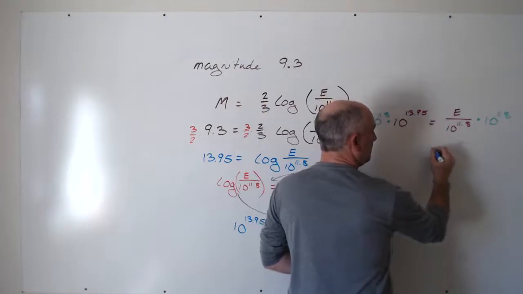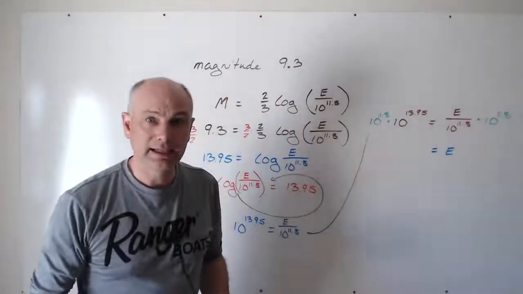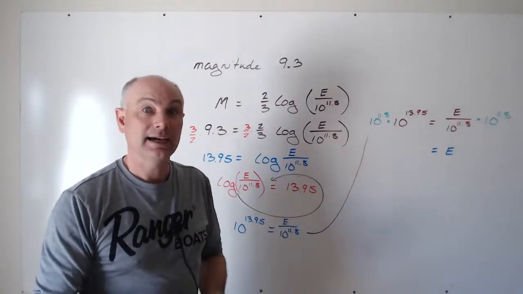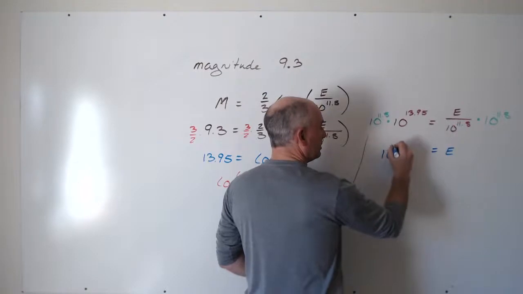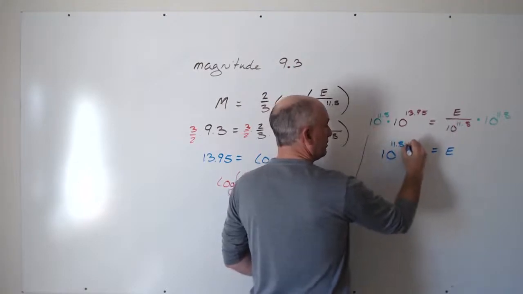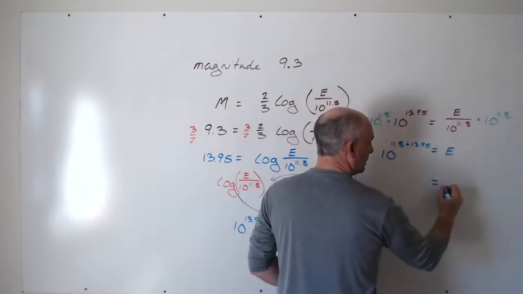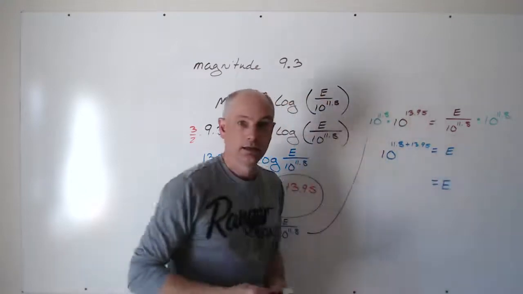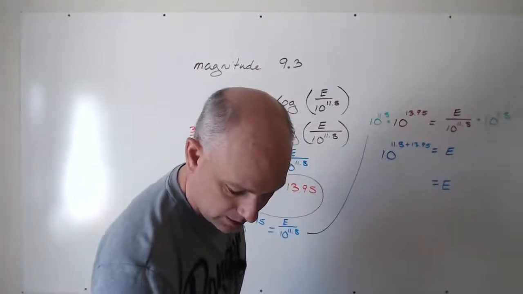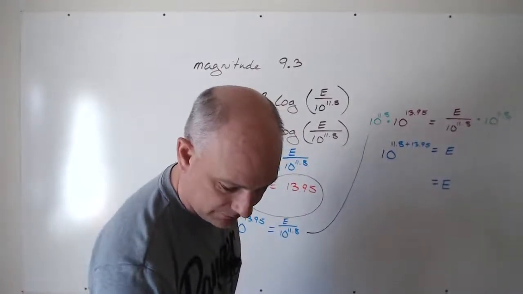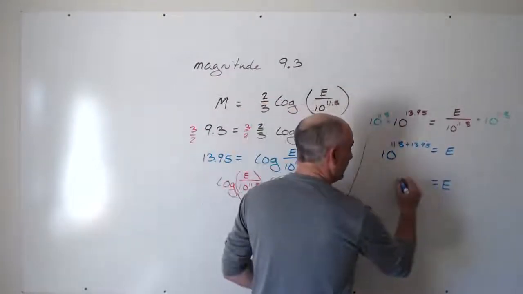So by the time I get done here, I'm now multiplying like bases. I get to add those exponents. So I'm really doing 10 to the 11.8 plus 13.95. Whoo! Look at the size of that. Okay, so now I'm doing 11.8 plus 13.95, and I'm coming up with 25.75.